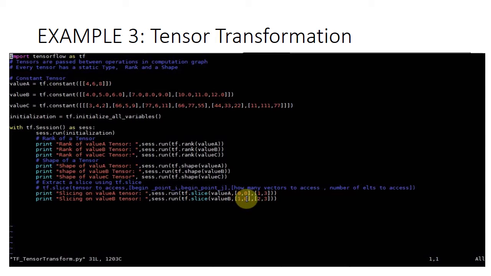Whereas in the case of value B tensor, it says 1 comma 0 in the second argument. That means it will not see this set. Instead, it will start with the second set, so it starts with 1 comma 0, followed by 2 comma 3. This 2 gives the number of sets from the second set.